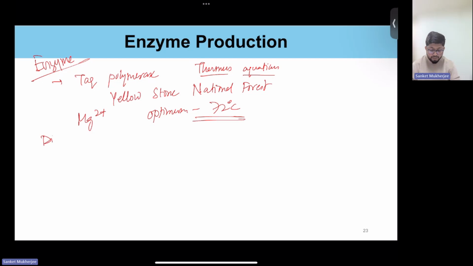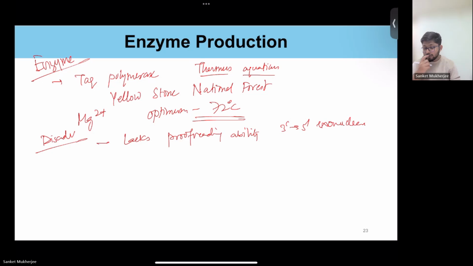The disadvantage of Taq polymerase is it lacks proofreading ability. Proofreading is performed by 3' to 5' exonuclease. So proofreading is not present, so it has a lot of errors.